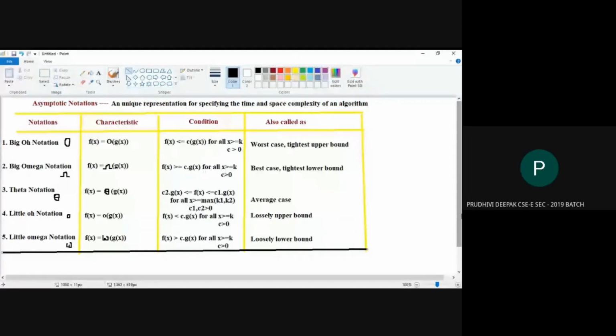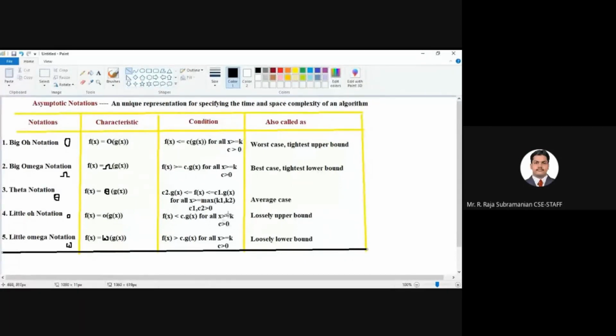Sir, for little o notation and little omega notation, it is k greater than or equal to x, no, sir? No, somebody actually corrected me. It is not k greater than or equal to x. It is x greater than or equal to k. While teaching little o previously, I wrote it like that. It is actually x, and x should be greater than or equal to k.